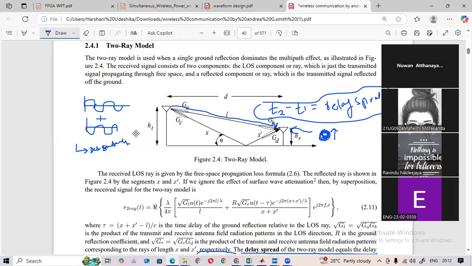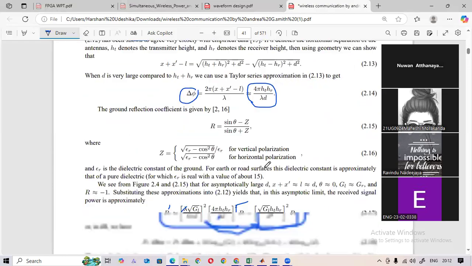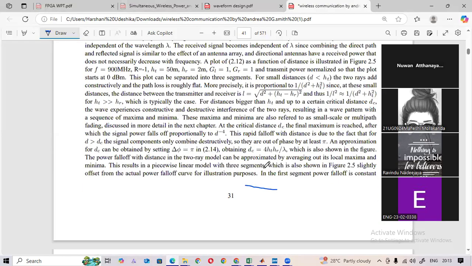So this signal sometimes can be 0 if these two signals are with π phase shift. And you can see that. Actually just read this, from here to here.